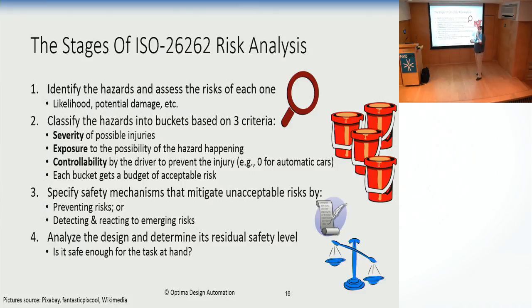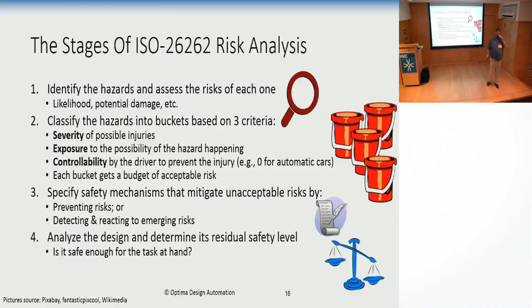So the last thing, which is maybe new to some people, is the controllability. There are some problems that a good driver can overcome pretty easily, or at least detect. So if this particular hazard comes into play, then the car will start emitting black smoke and making a very loud noise.